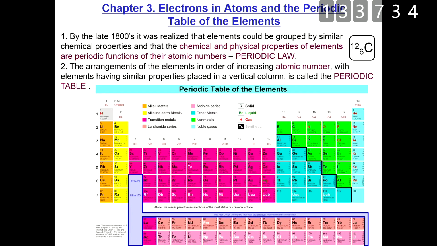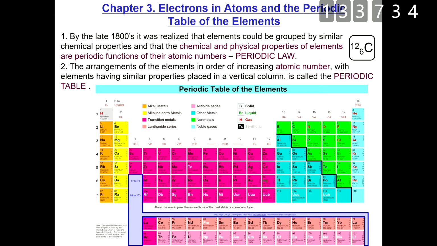For example, the first atom is hydrogen, and hydrogen only has one electron. The second one is helium, which has two electrons. So according to the number of electrons, we can put all elements into the table.